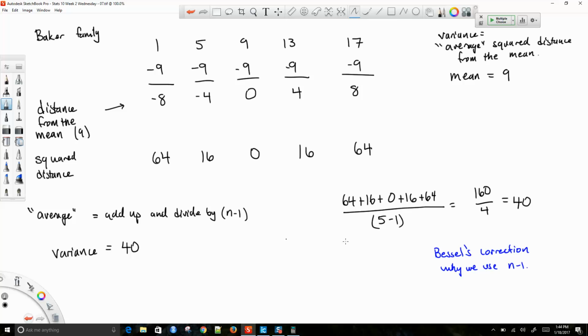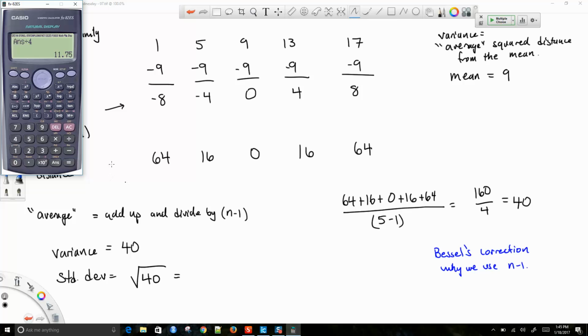So this is the variance, and our standard deviation is the square root of the variance. We get the square root of 40, which is like 6 point something. Square root of 40 is 6.3246.